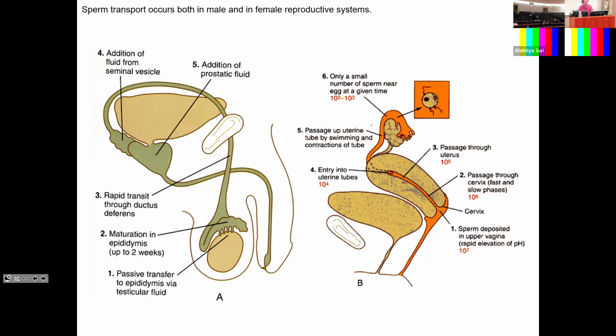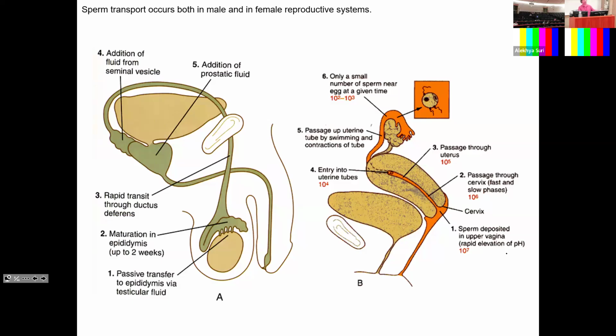So we have the sperm here, then it travels all the way up to the cervix, and you can appreciate that from 10 to the 7, we go down to 10 to the 6 at the cervix, and then 10 to the 5, 10 to the 4, it gets selected out, the sperm cell, depending on, for example, a rapid elevation of pH.